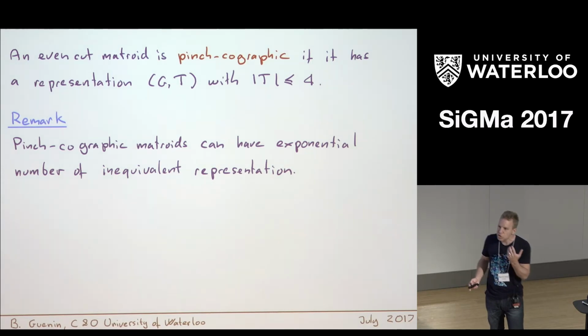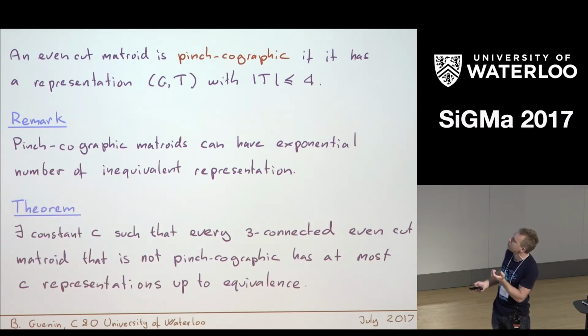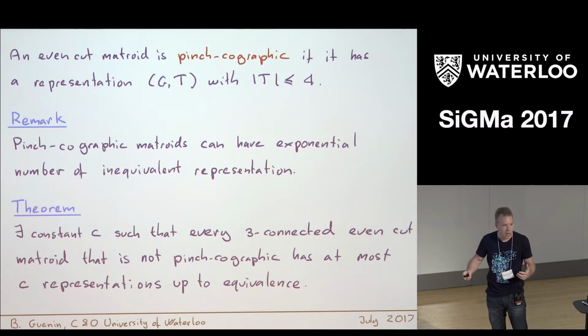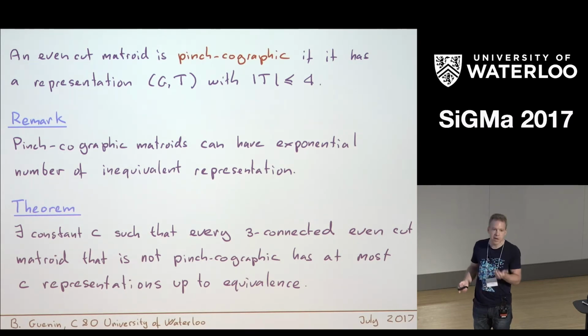Now it turns out that pinch cographic matroids are really the problem, because you have this other result that says that if I have an even cut matroid that is not pinch cographic, then it only has a finite number of inequivalent representations, right? So you really have this sort of completely different behavior. You go from exponential to just finite as soon as you're outside that special class.